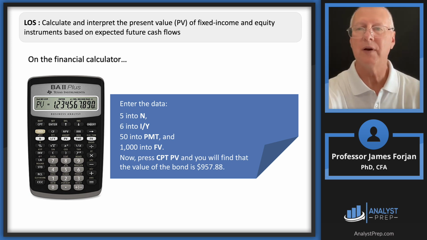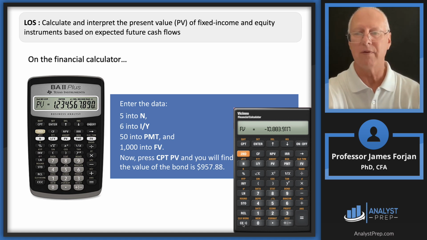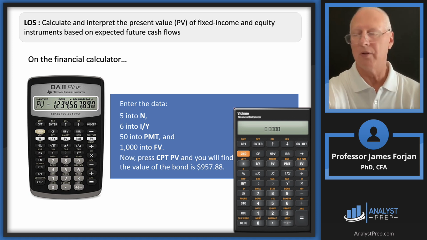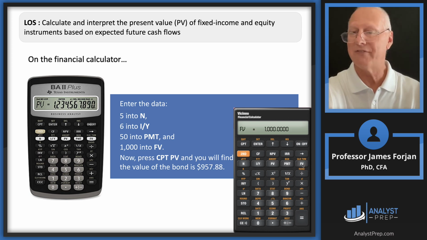However, we're going to use our financial calculator, so let me bring it up and make sure you know how to do this. There's my 10,883 from the previous one, so let's do a clear all. All right, you ready for this? Remember, the order doesn't matter. I always have my students put in $1,000 first, the future value, and then take the 5% of that $1,000, so there's 50.